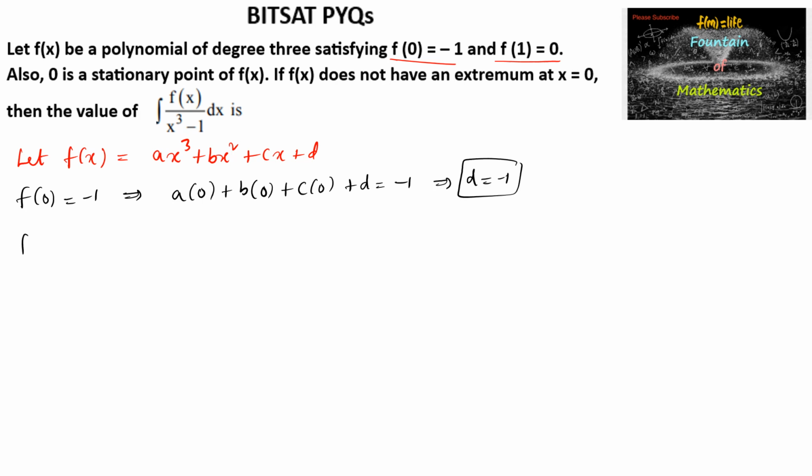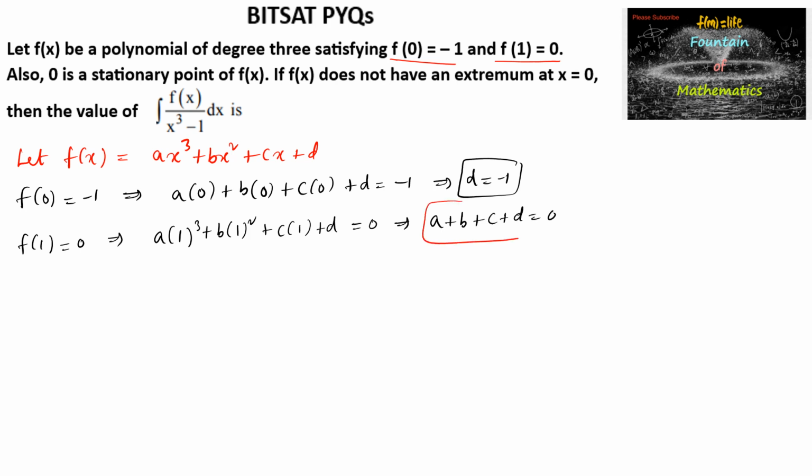Also f(1) is equal to 0, which implies a·1³ plus b·1² plus c·1 plus d is equal to 0, that is a plus b plus c plus d is equal to 0.